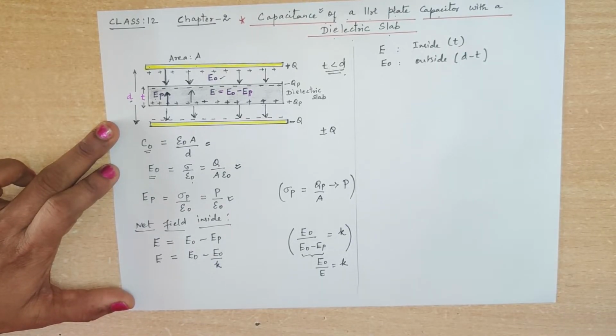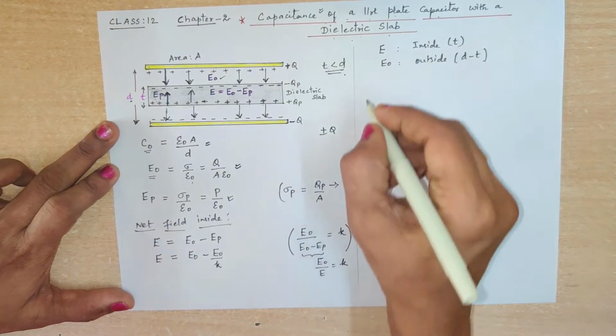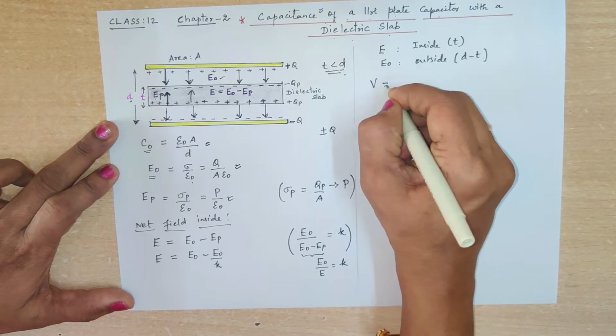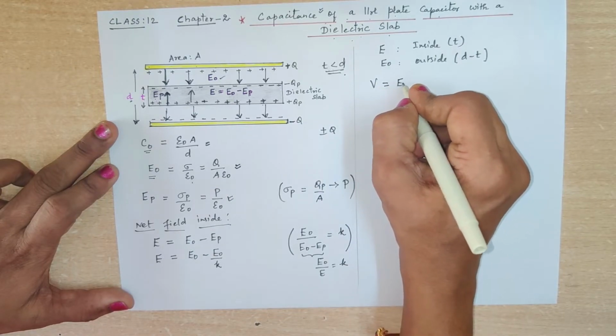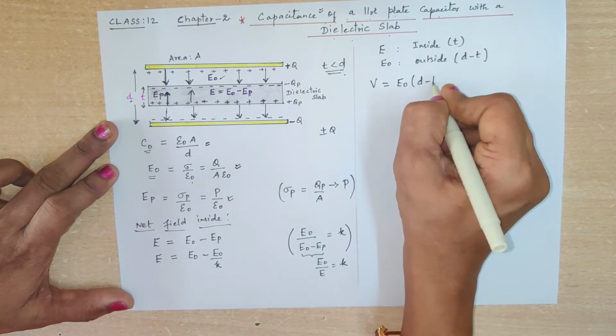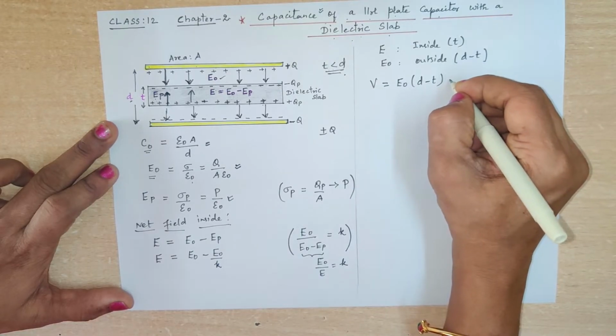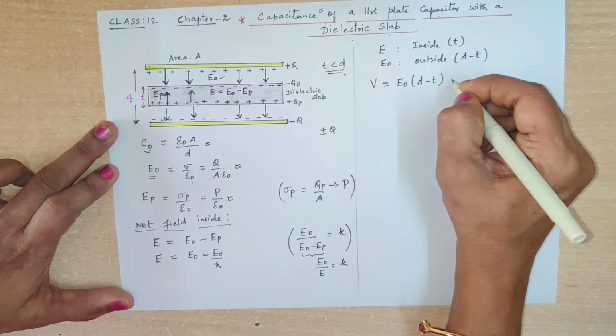Now, when we talk about the potential difference between the plates of the capacitor, we can write the potential difference V as the sum of the two contributions, outside and inside the dielectric slab.